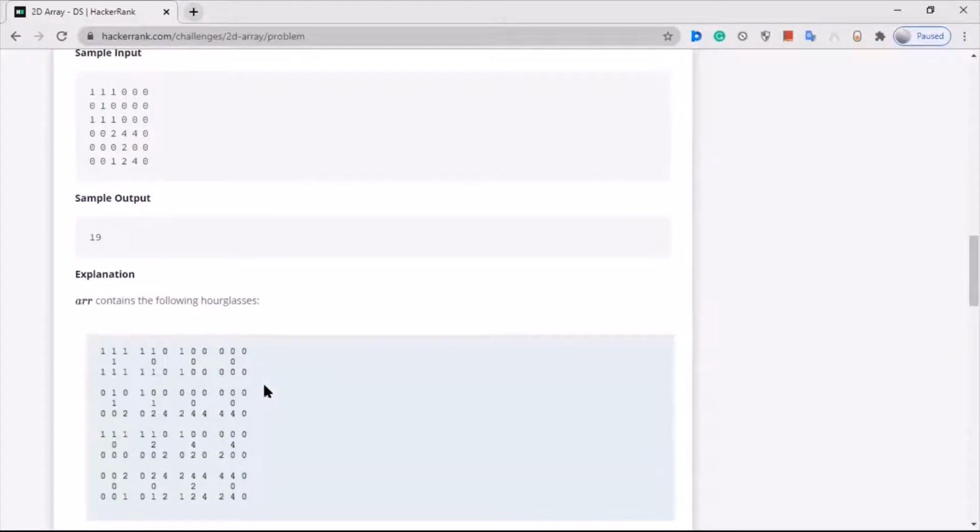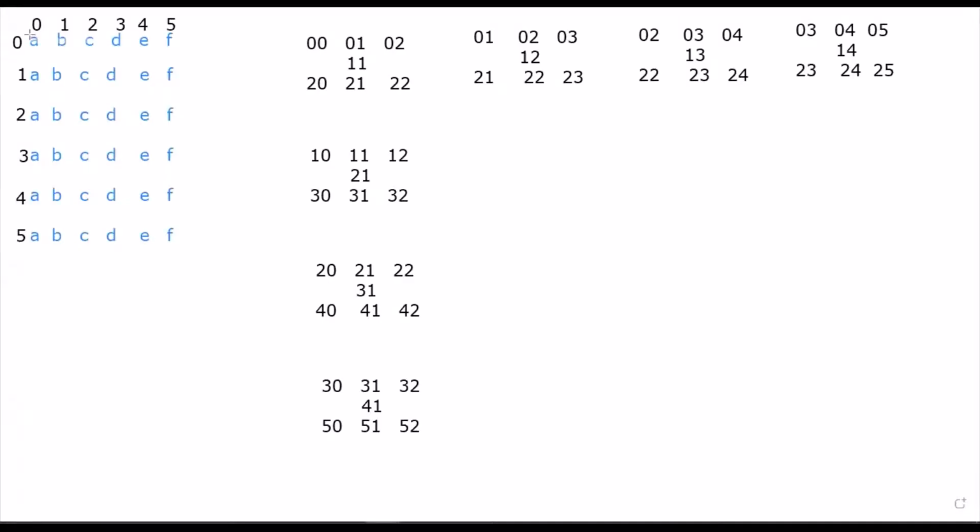So let's discuss the logic for the problem. Starting from the upper left corner, that is the first row, this is the first hourglass, and the indexing of each element of the first hourglass is 0 0, 0 1, 0 2, 1 1, 2 0, 2 1, 2 2, and I have written this indexing here.